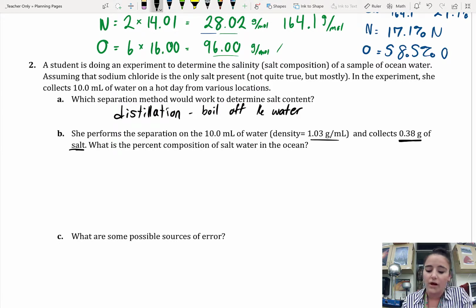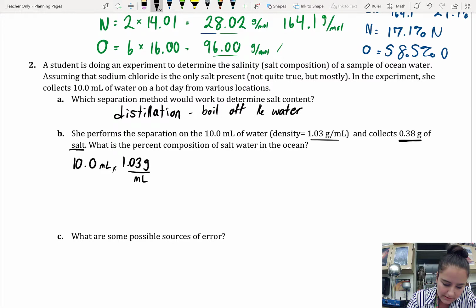Okay, so we know how much salt we have, but we don't know the mass of the original sample, but we know its density, so we can find that pretty easily. We have 10.0 milliliters, and then we're just going to times it by 1.03 grams per milliliter, and we get that the original sample had a mass of 10.3 grams.